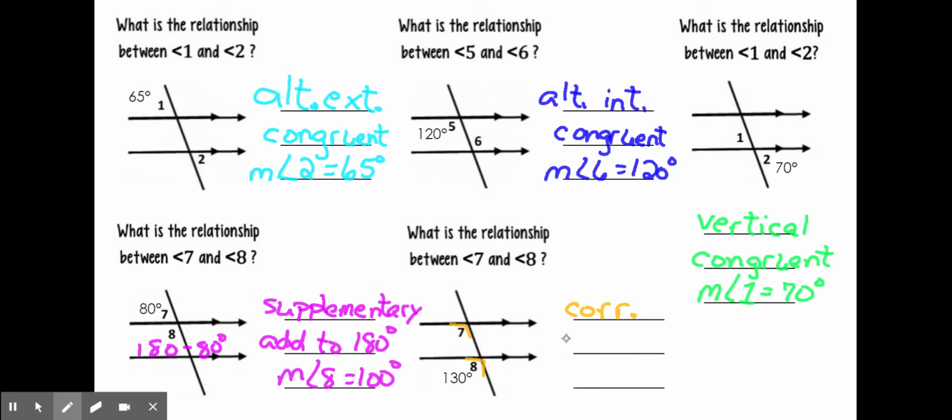They're corresponding. When the lines are parallel, corresponding angles are congruent. That means the same measure. So if angle 8 is 130 degrees, what is angle 7? Well, if it's congruent, it has the same measure. Okay? All right. So now you know the different types of angles you need to identify, and you know how to find the ones you're missing.